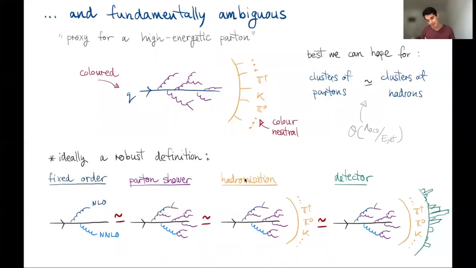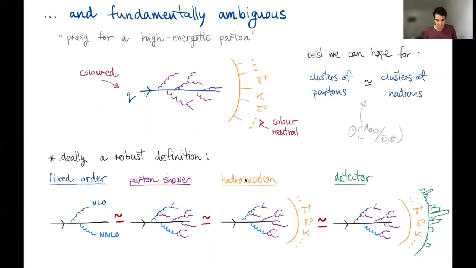One thing that is related to this is that ideally you would also like to have a jet definition that is rather robust. What I mean is that, for instance, for a person who does fixed order, NLO or NNLO, you maybe have one or two emissions that you're modeling.